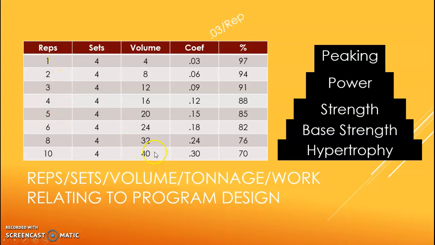And so over time, we went from 40 reps overall for an exercise down to 4. Well, you know if you're doing less reps, that coefficient changes, and that also changes the percentage workload that you're working at. So the converse of that is we went from a lower intensity in the base and hypertrophy phase up in the peaking phase to a higher intensity.